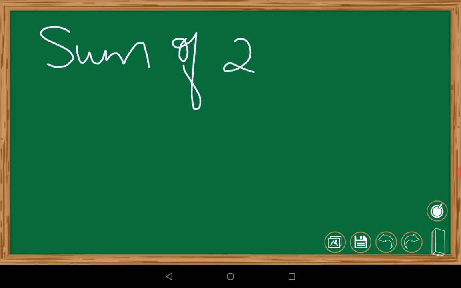First, we'll write the question statement by statement so that we will understand easily. Sum of two numbers is 74. First statement is clear.